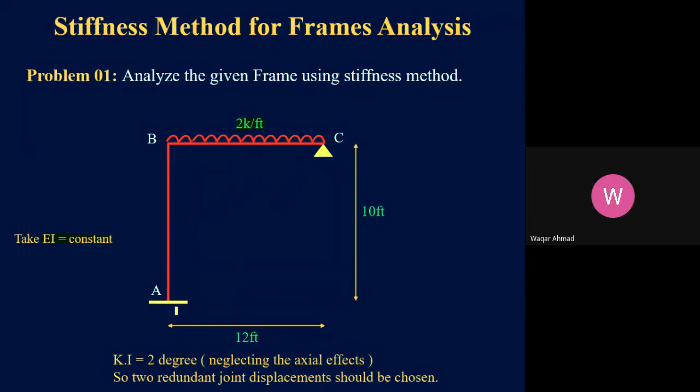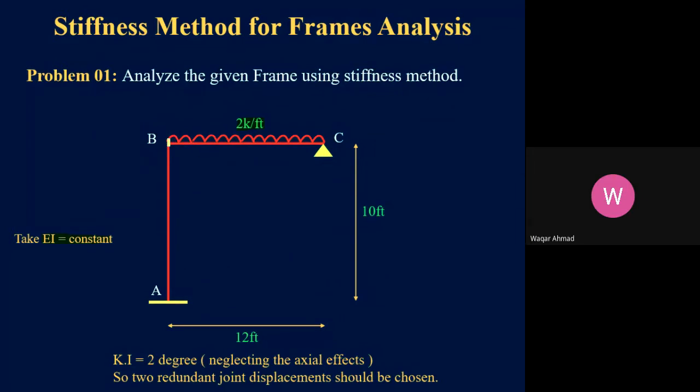If I start with this support A, I know this is a fixed support, and at a fixed support there is no rotation possible, no deflection possible along the x, and no deflection possible along the y-axis. So it means that there is no degree of freedom at support A.